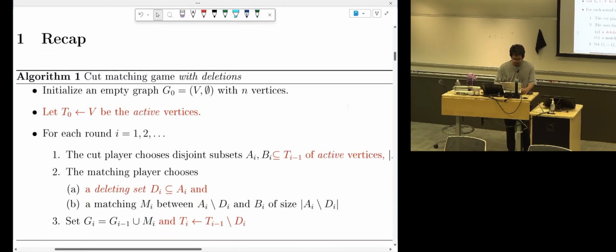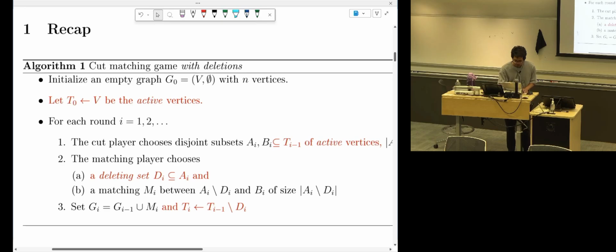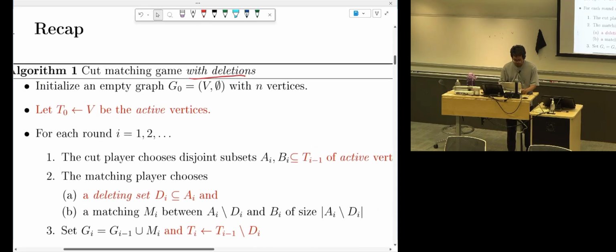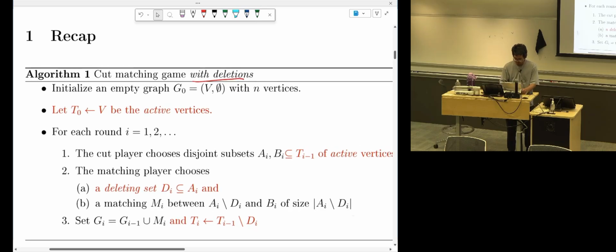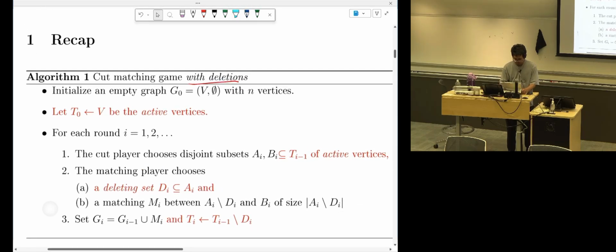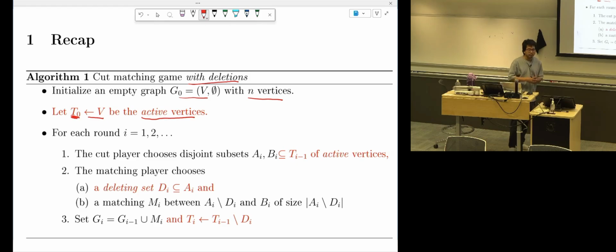Let's recall the game with deletion. Let's recap this. You start with an empty graph with n vertices, and then you initialize the active set of vertices to be everything. T0 is all vertices, and they start out active.